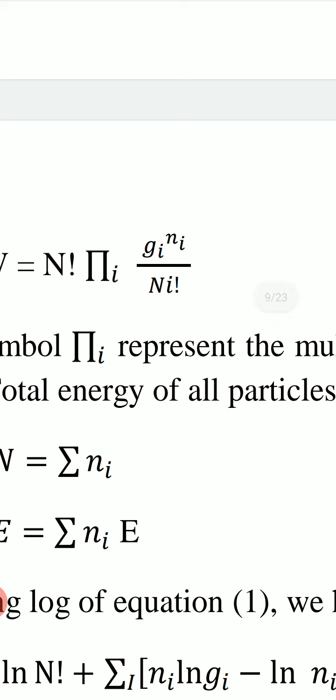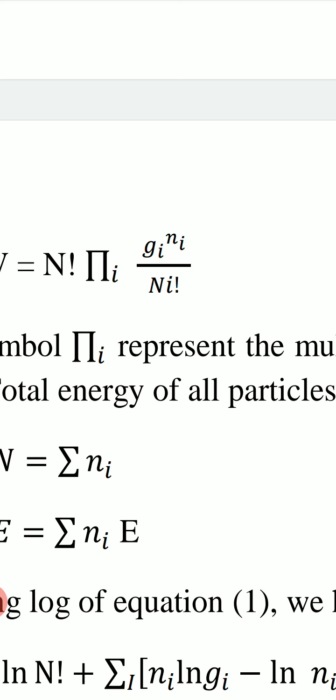Pi i gi to the power ni means that we have to put the value of i equal to 1, 2, 3, 4 and so on, and we find different terms. If we put i equal to 1, we find g1 to the power n1.